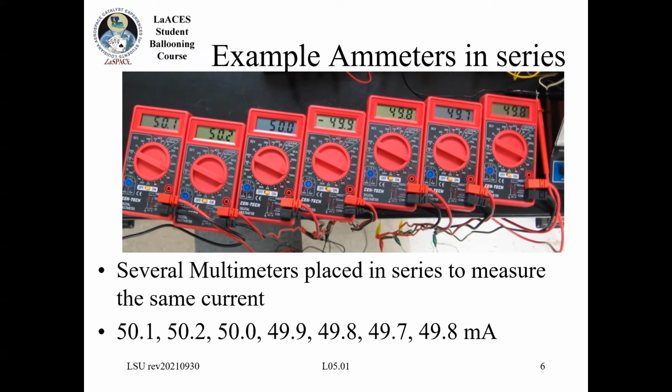But you can see that I've got a spread of about 0.5 milliamps, right? The lowest one is 49.7 milliamps, and the highest is 50.2. So from this, I could say the accuracy of this multimeter on this setting is 0.5 milliamps, because I know physically these multimeters are all measuring the same quantity. It has to be the same, but I'm getting different values.